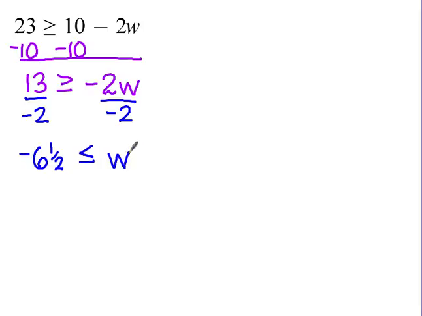Now if you remember from Tuesday, one of the things that I like to do is switch that around so that I can see a little bit better how I'm going to graph. It says w is greater than or equal to negative 6½.